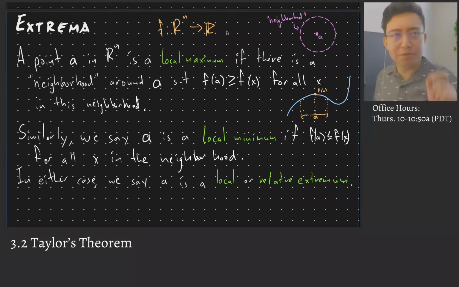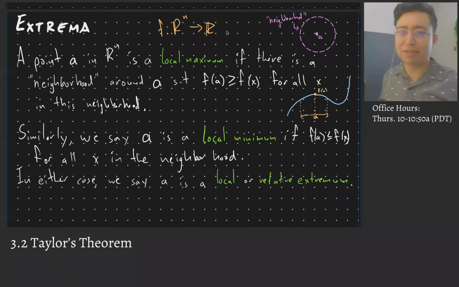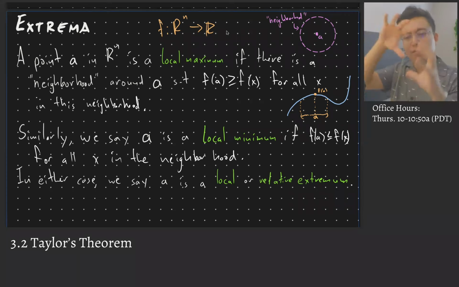And so the maximum would just be the hottest point in 3-dimensional space, or relative to the nearby points. If you have a hot spot that's hotter than everything around it, then that point is going to be a local maximum, even though there's maybe something hotter way out here.